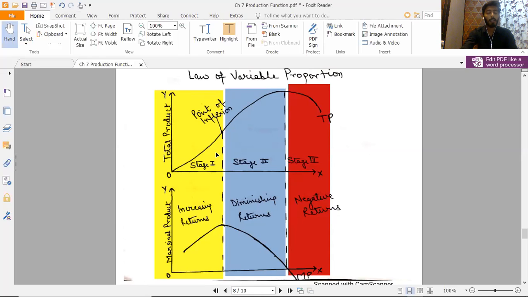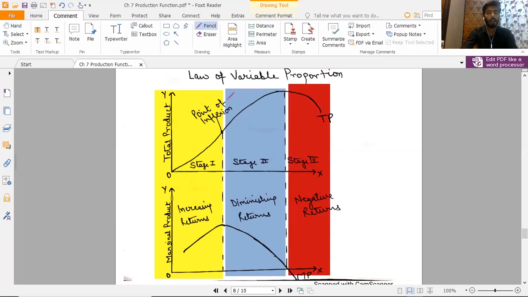Three stages. Now, can you see there is a point of inflection over here? What do you mean by point of inflection? Point of inflection is nothing but a point where TP changes its speed. Till this point, TP is increasing at increasing rate.